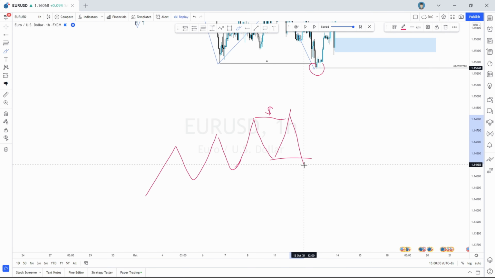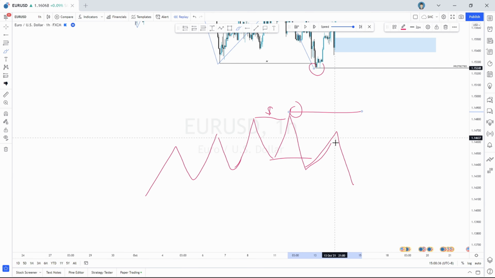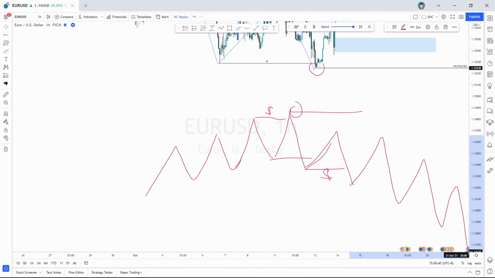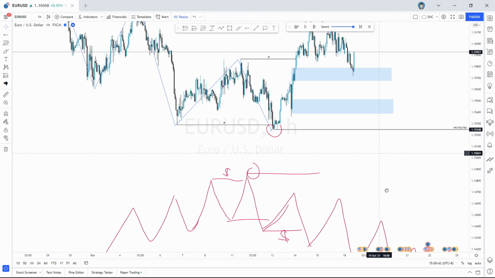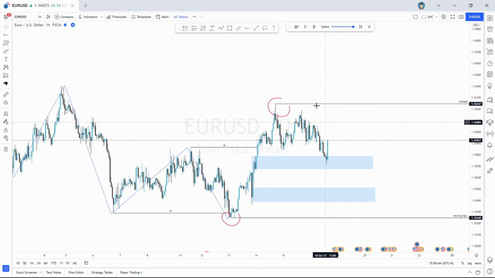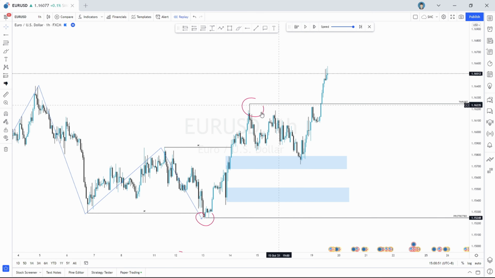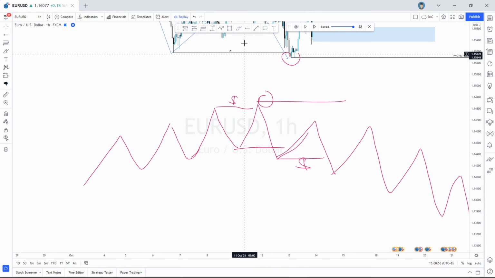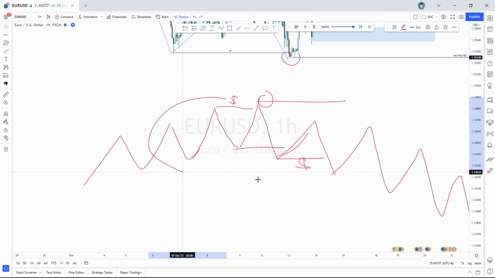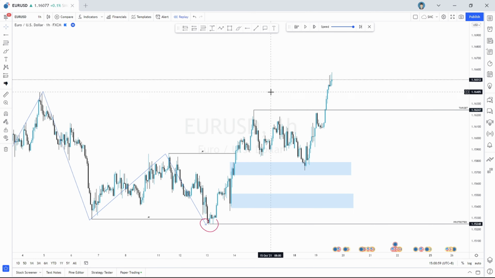Now if price breaks the protected low, we can shift our bias to this being the protected high. Price continues to hit our target low, hence following an order flow pattern. And as you can see, we have our target, our protected low, and price broke that point over here. This is the same thing I marked up here, moving our protected lows after it hits target.